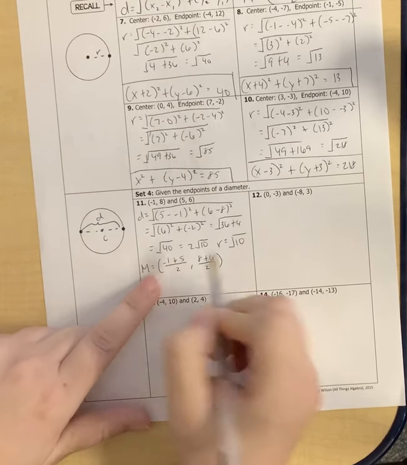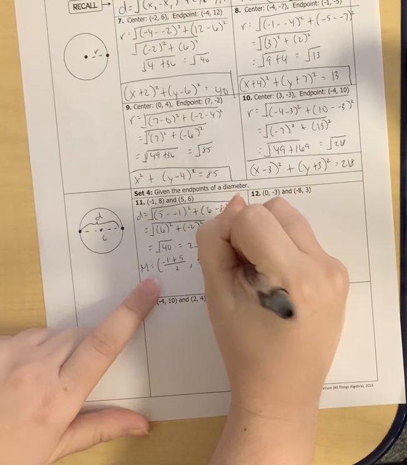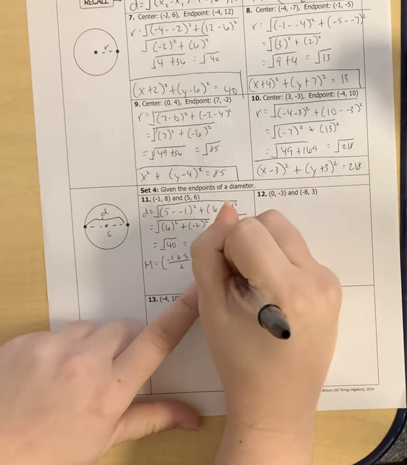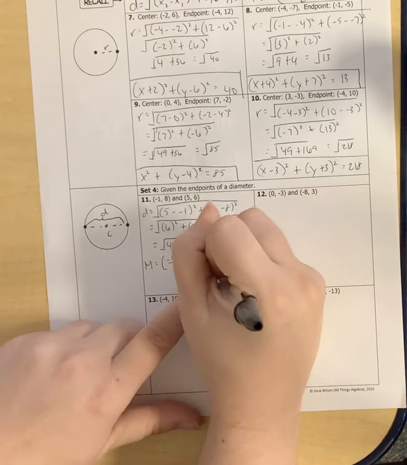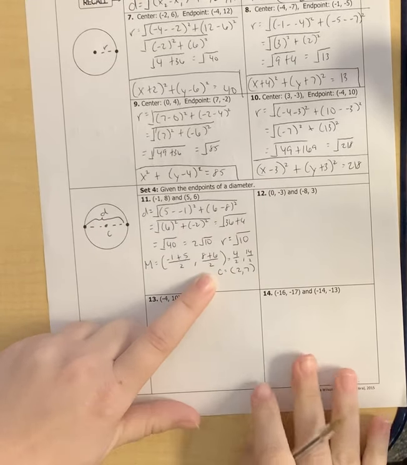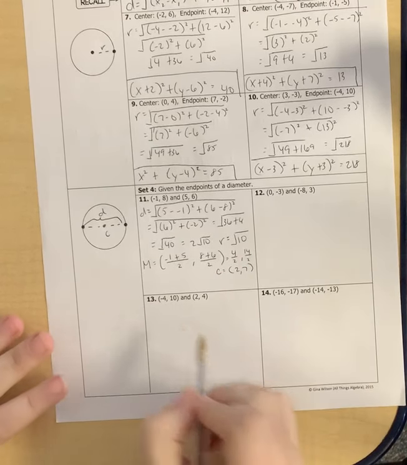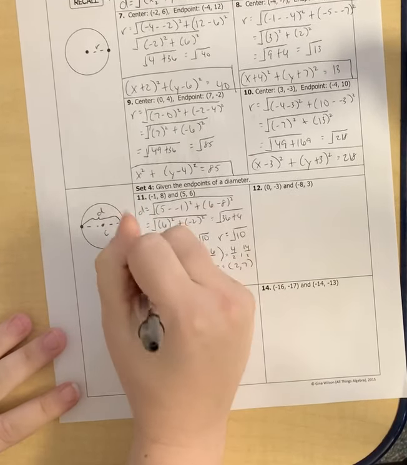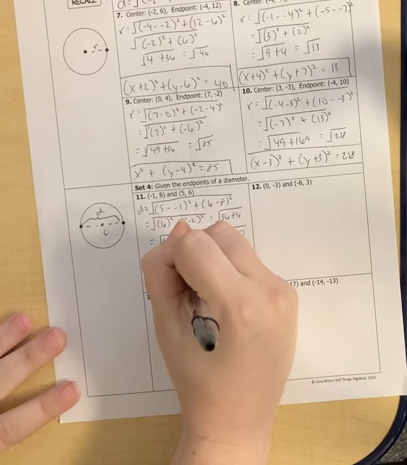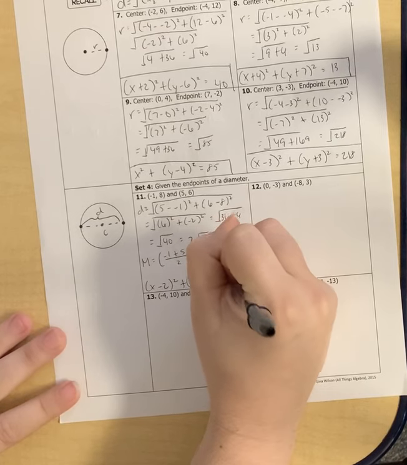Okay, so -1 plus 5 is 4. 4 divided by 2. 8 plus 6 is 14. 14 divided by 2. So our midpoint, which is going to be our center, is 2, 7. Okay, so we have our center is 2, 7, and our radius is the square root of 10. Okay, so our equation is going to be x minus 2 squared plus y minus 7 squared equals 10.